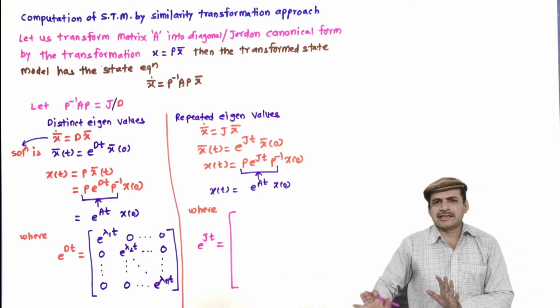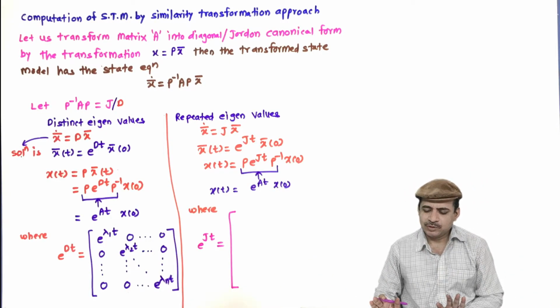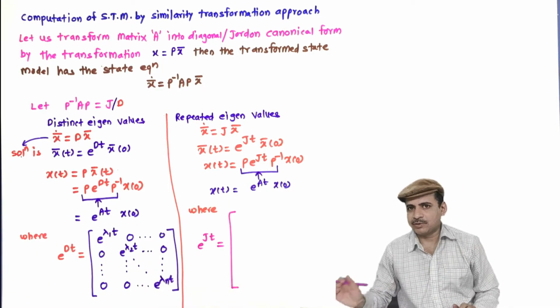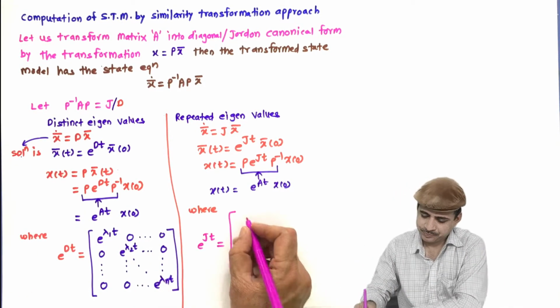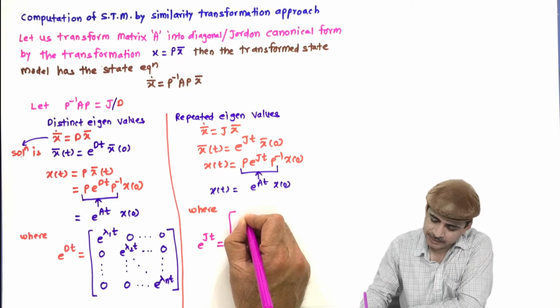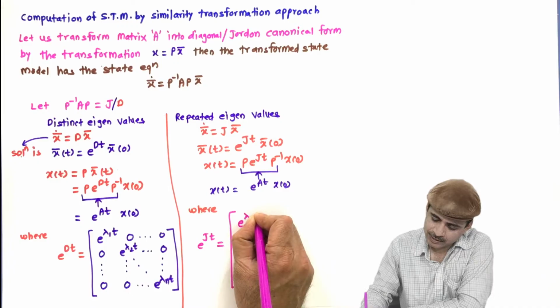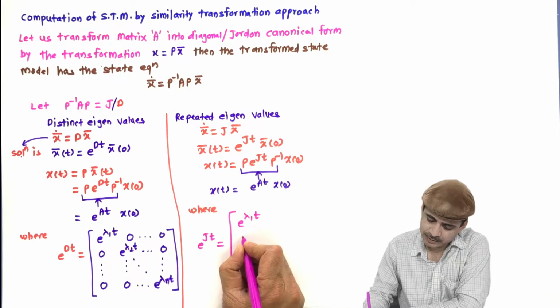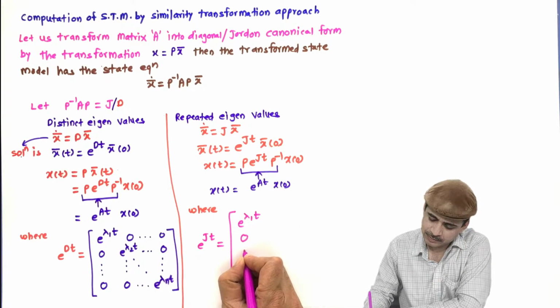So let us consider a case where we have 3 repeated roots, lambda 1, lambda 1, lambda 1, and the remaining are the same. So this will be e raised to lambda 1 t, then all zeros. Let us consider 3, so 3, this 0, 0, 0.